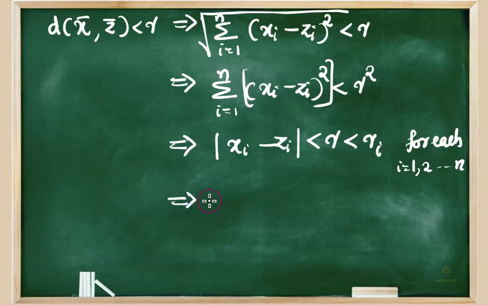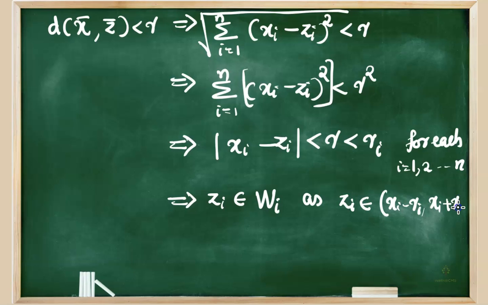This implies that zi belongs to Wi, as zi is a member of the open interval xi minus ri, xi plus ri, and that is contained in Wi, as we have already assumed.